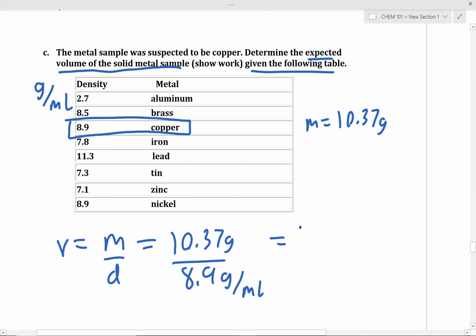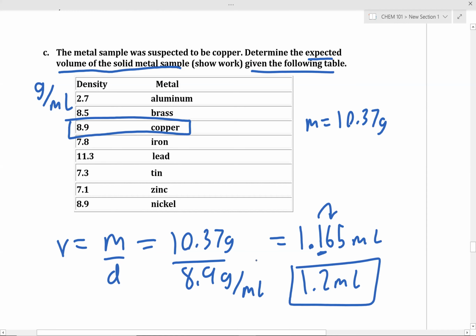And that gives us an expected volume of 1.165 milliliters. How many sig figs do we have to round to? 2. So we take our 1, we look to the right. 6 is greater than 5, so do we round up? Yes. So we get 1.2 milliliters. So we'd expect a displacement of 1.2 milliliters for this sample.